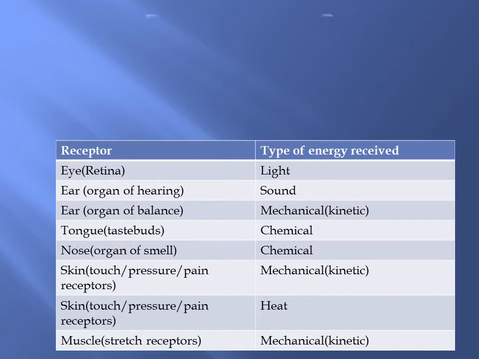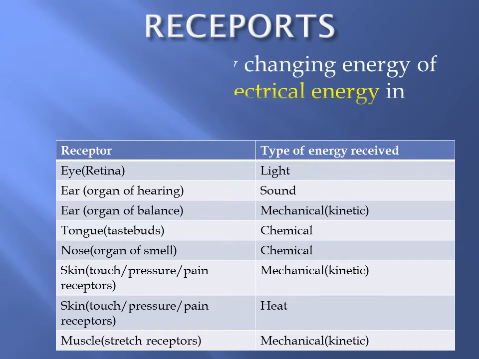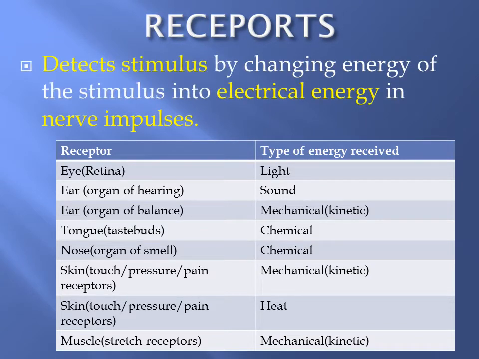So, receptors. Let's identify the function of receptors. The main role of any receptor is to detect a stimulus by changing the energy of that stimulus into electrical energy in a nerve impulse.